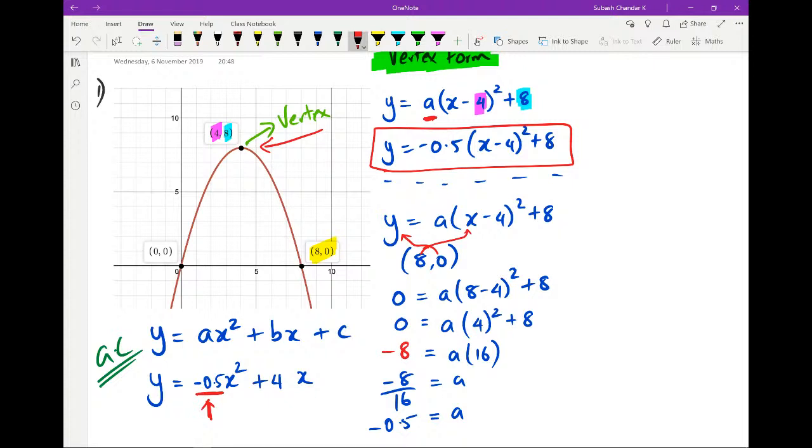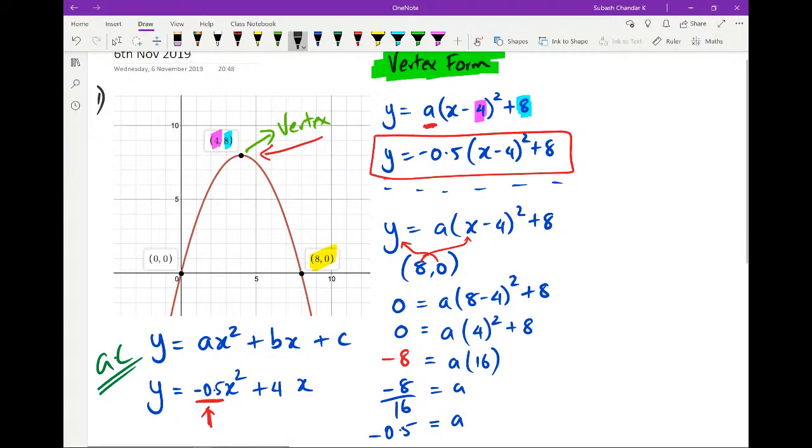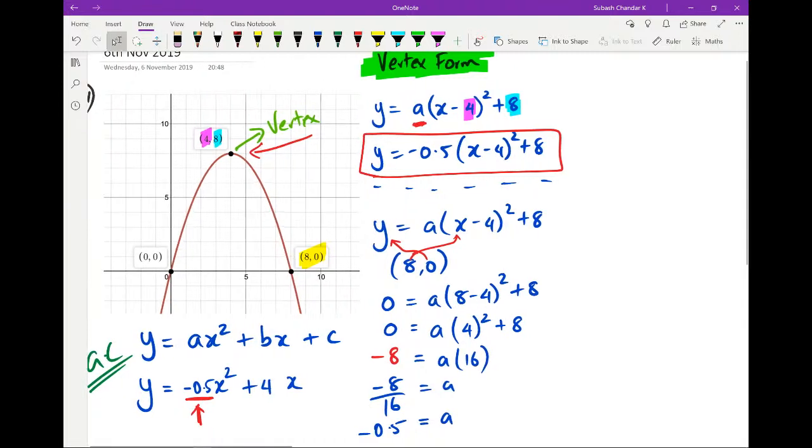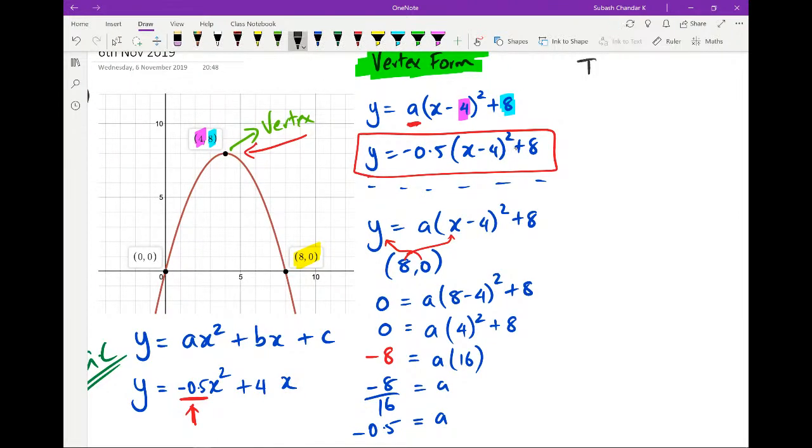Now I'm going to show you another way of doing this, which is the intercept form. With the intercept form, what you're looking for is these 2 points here, and the vertex is the point there.